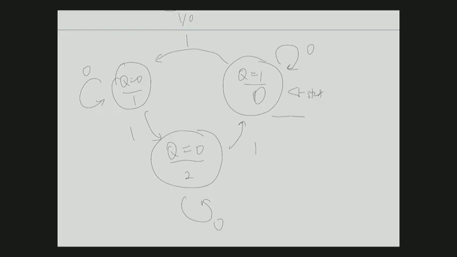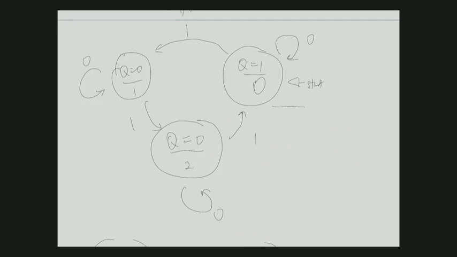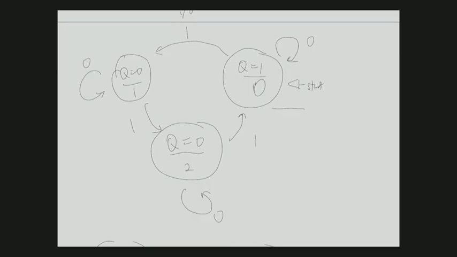So what do you think we should put in? Which state corresponds to a multiple of 3? The starting state? Yeah, it's the starting state. So we want this state to produce an output of 1. We want the other 2 states to produce an output of 0. So you can put down within each state the output value.